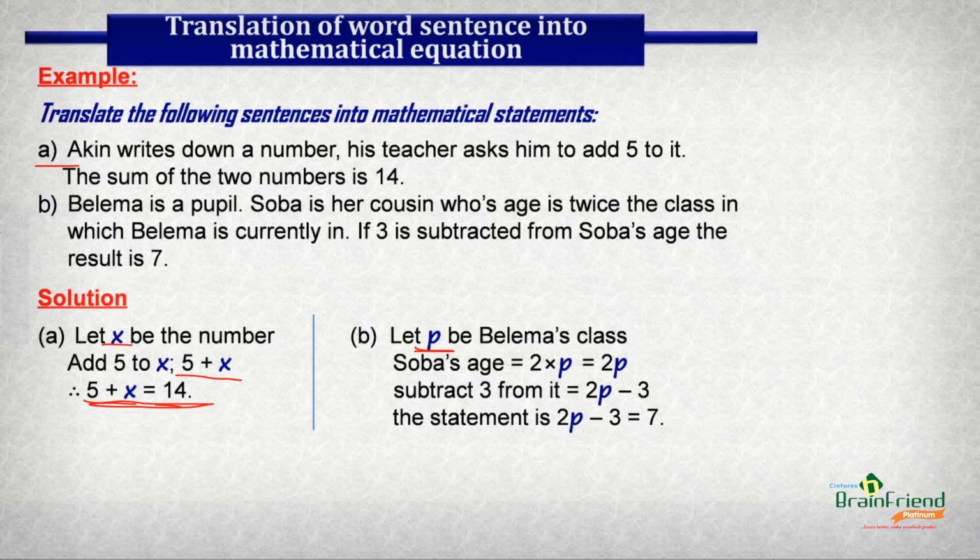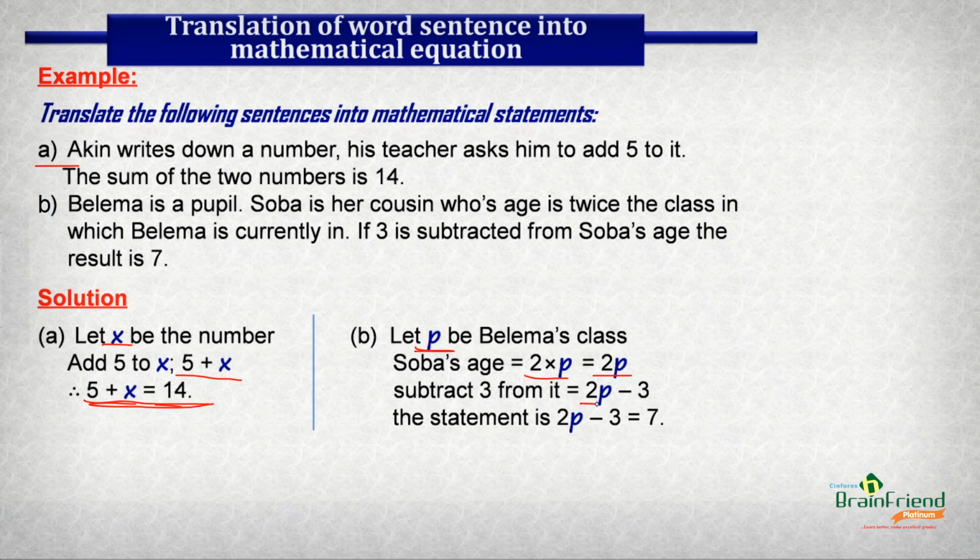Soba's age from the question is 2 times Belema's class, and we have said that Belema's class is represented with the letter P. So Soba's age would be 2 multiplied by P, and that is 2P. Now, the next part of the statement says subtract 3 from Soba's age.